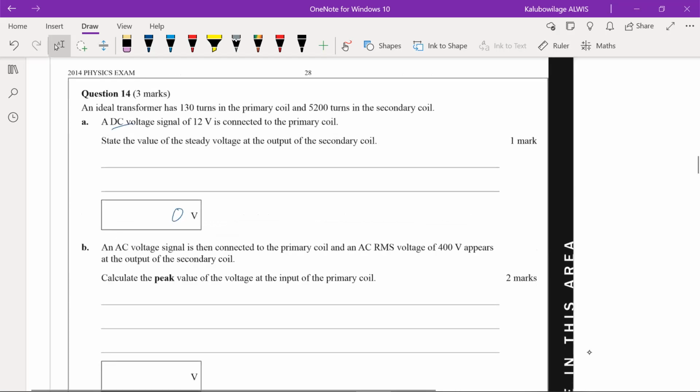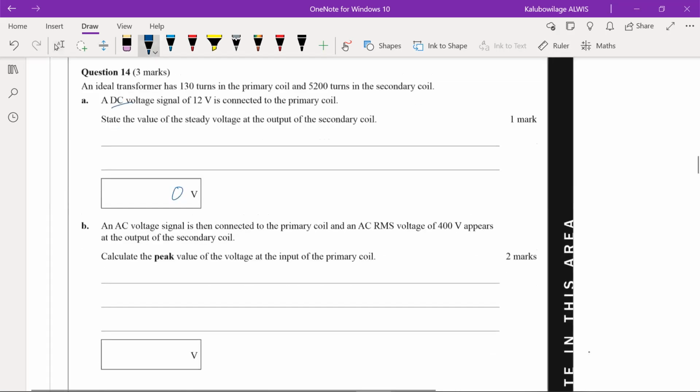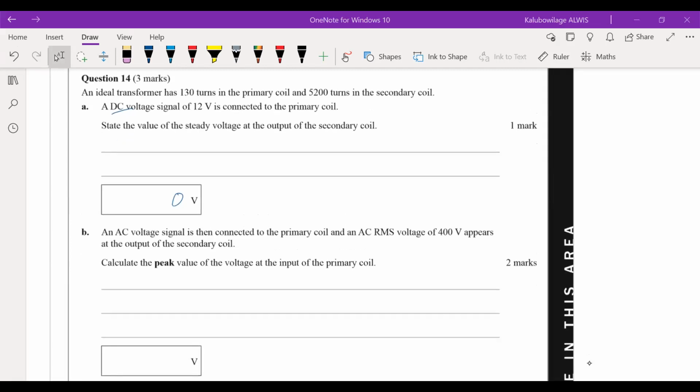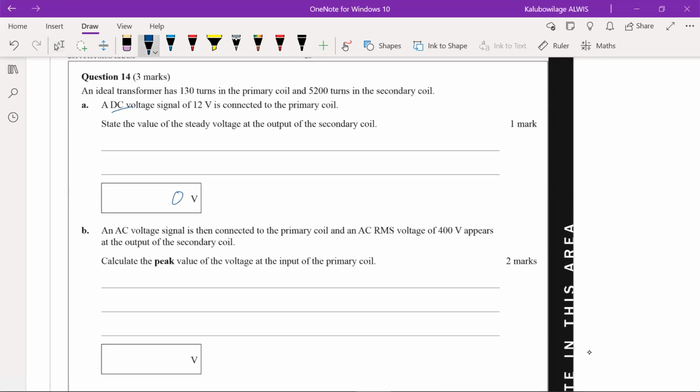So 1130, the ratio is 130 over 200, which is 240. This is in the secondary coil.